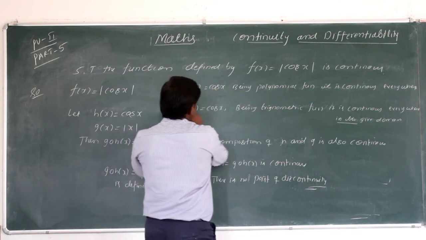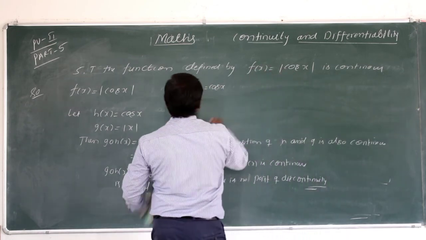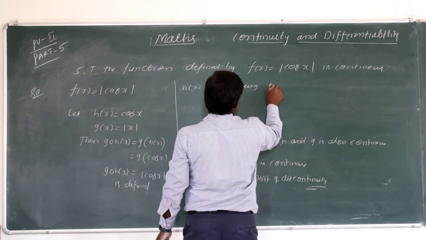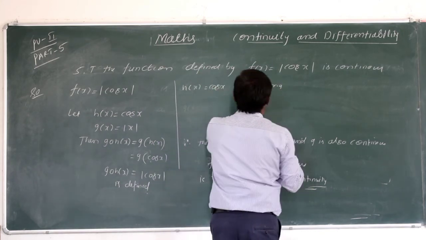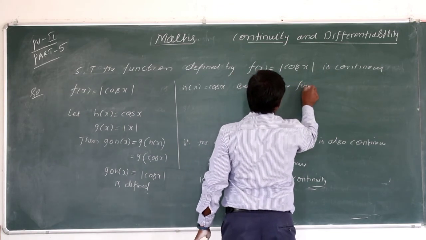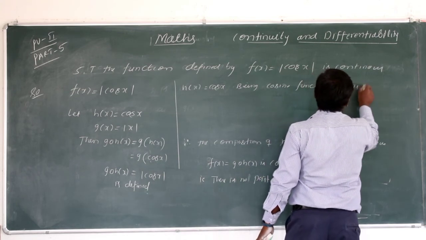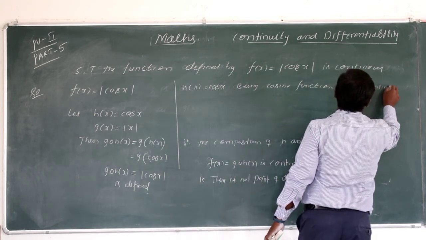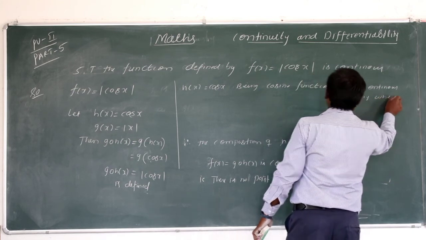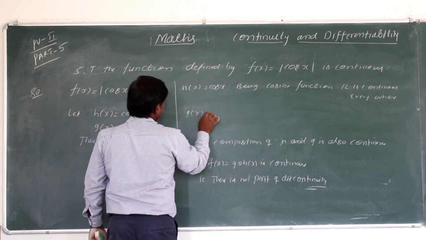Just I want to change here. So h of x is equal to cos x, being a trigonometric, being a cosine function, it is continuous everywhere. Similarly, g of x is equal to mod x.